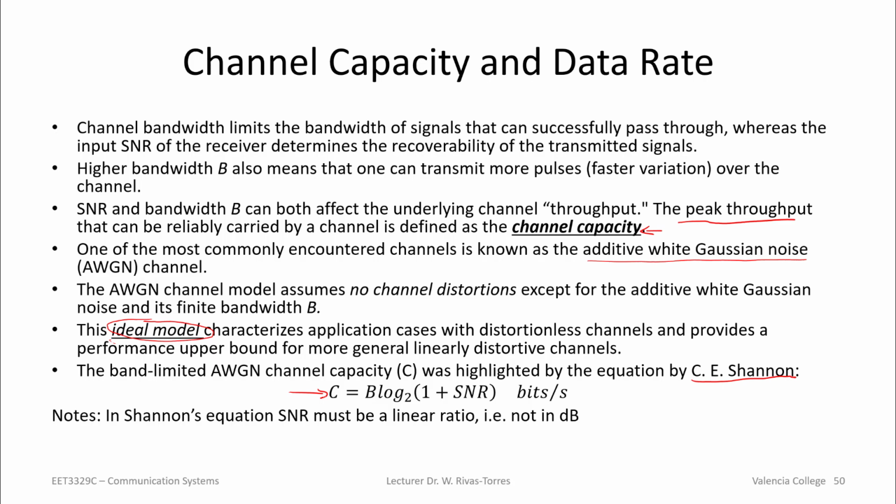Now, in the Shannon equation, please remember you have to put the linear ratio. SNR has to be a linear ratio, not in dB. So remember, if you want SNR in linear terms, it would be SNR equals 10 to the SNR in dB divided by 10.